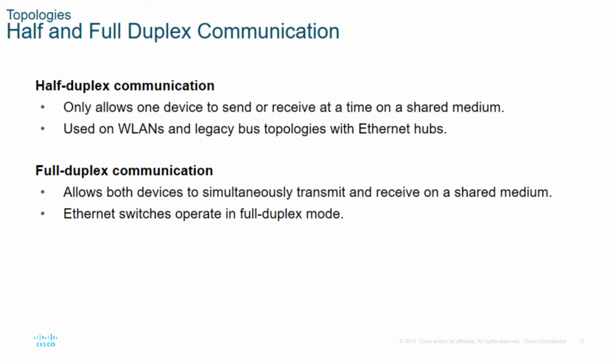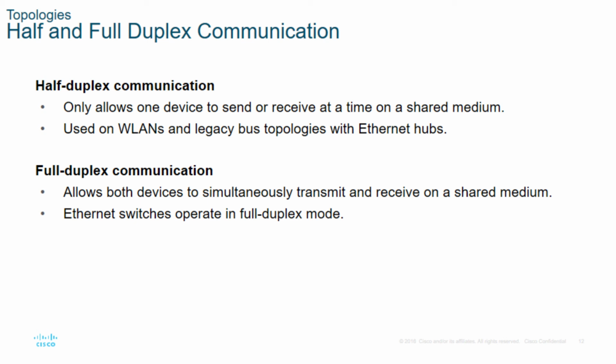So now, half and full duplex communication. Basically, understanding duplex communication is important when discussing LAN topologies, because it refers to the direction of data transmission between two devices. There are two common modes of duplex communication.